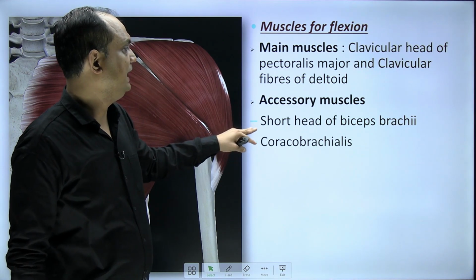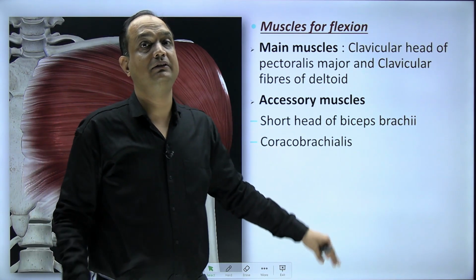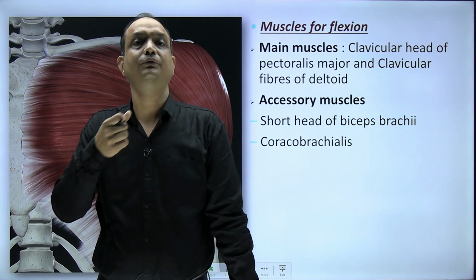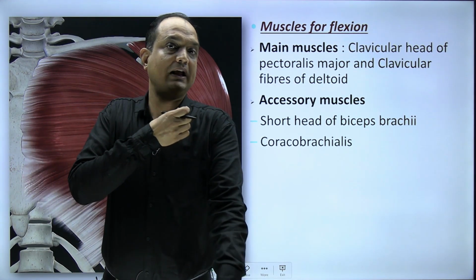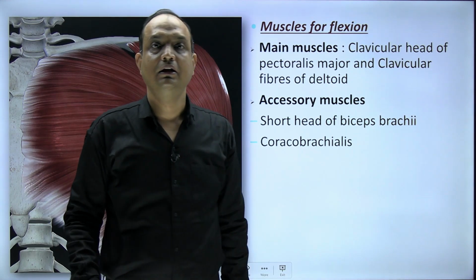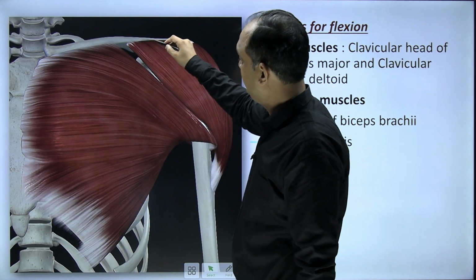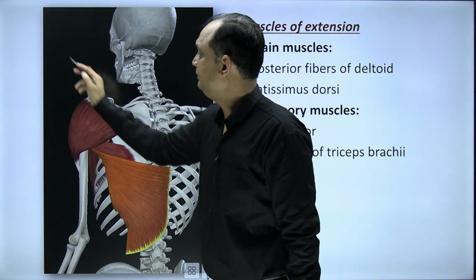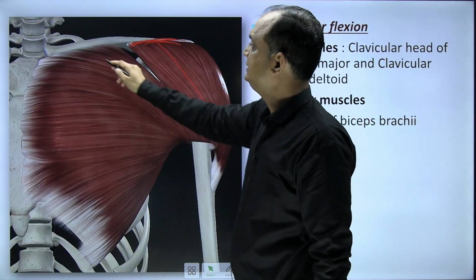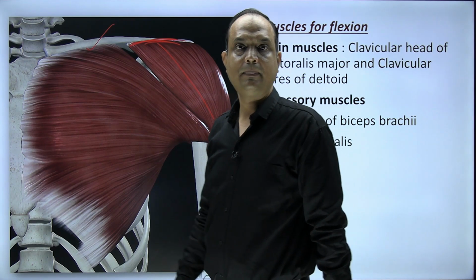But you have the short head of the biceps as well as the coracobrachialis. These are the weak flexors, they are not strong flexors. The strong flexors at the shoulder joint are the clavicular fibers of the deltoid muscle and the clavicular fibers of your pectoralis major muscle. Clear?